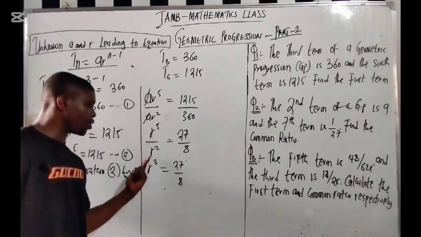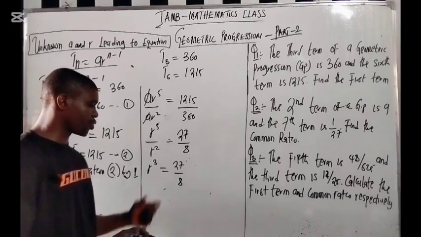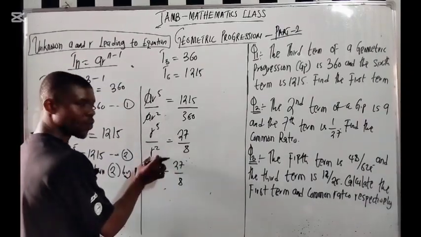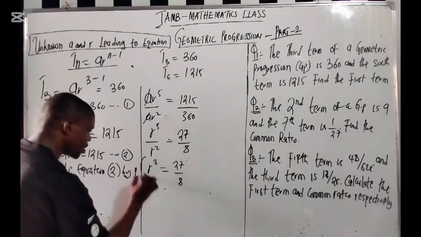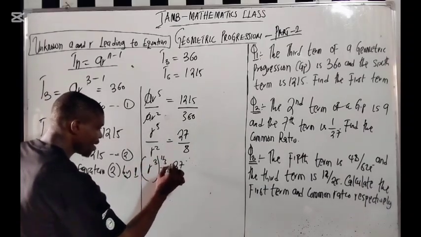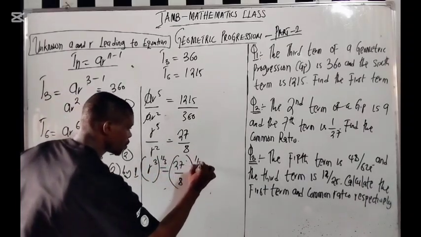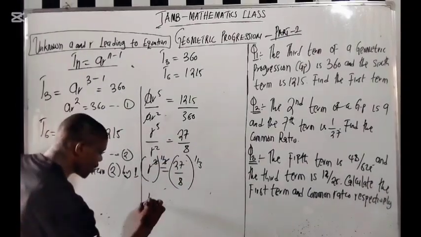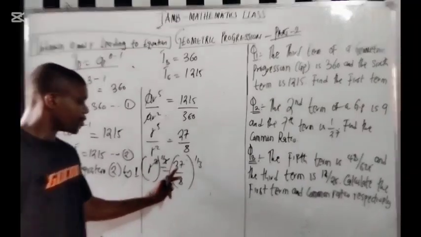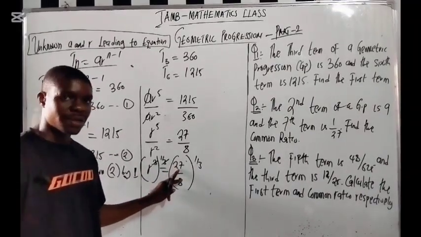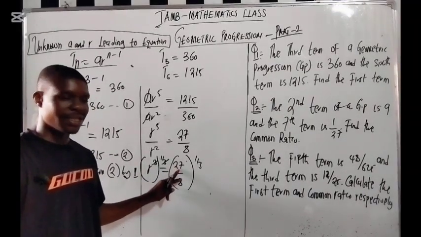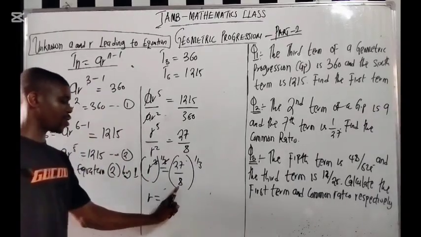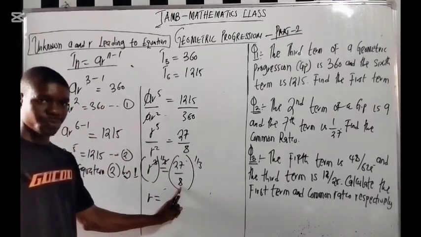Now to remove this power, you have to take the cube root of both sides. The cube root is just like raising to the power 1/3. So the cube root of r cubed is r. Now the cube root of 27 is 3, and the cube root of 8 is 2.